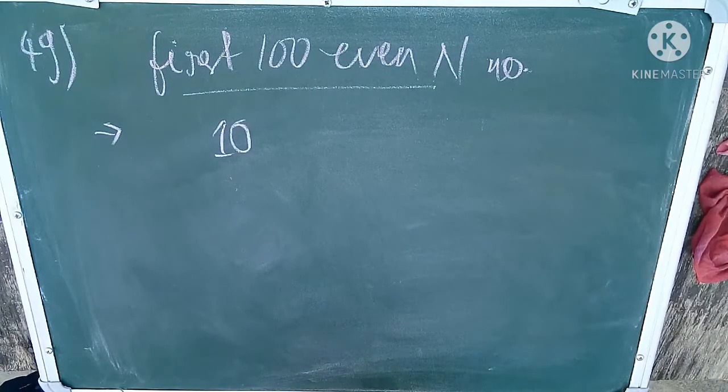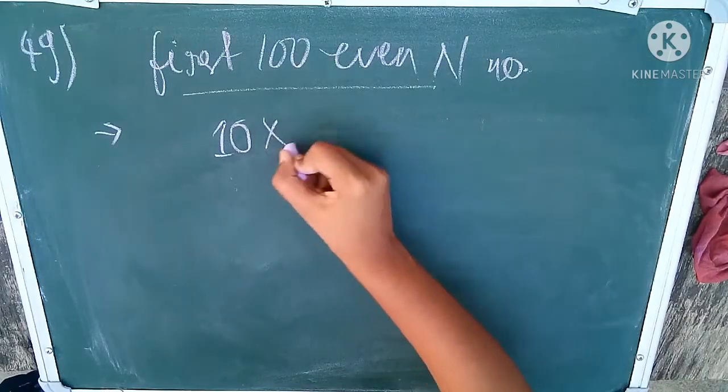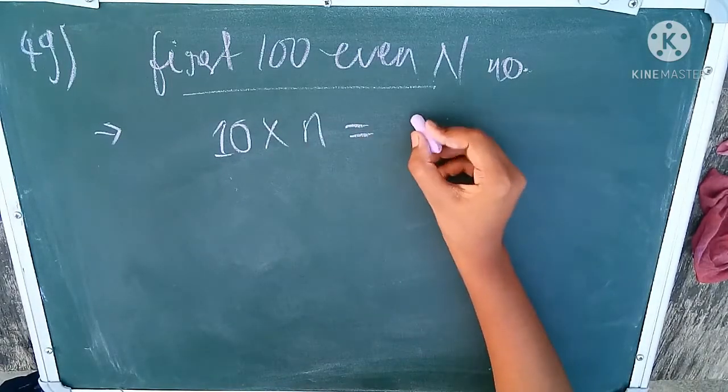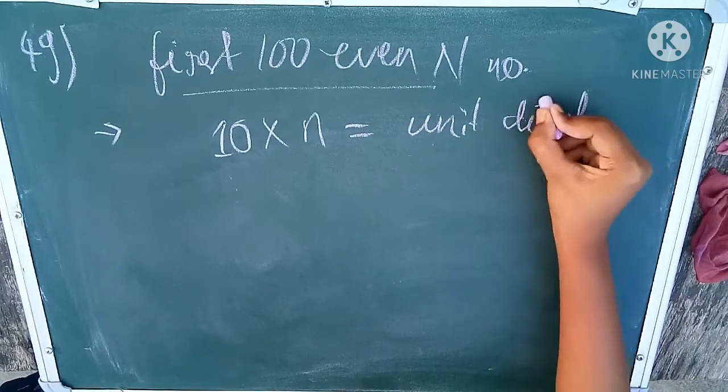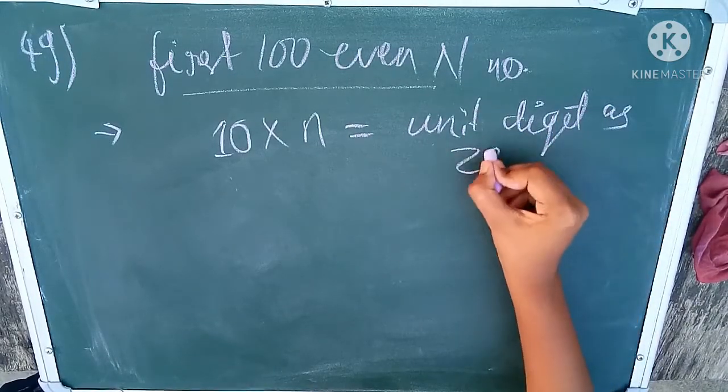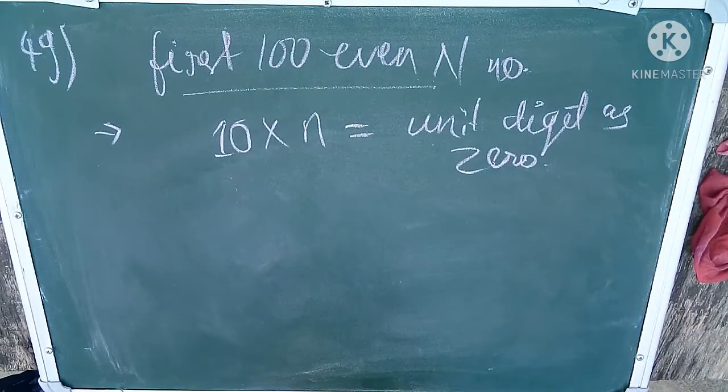And any multiple of 10 has unit digit 0. That is, whatever number we multiply with 10, it must have unit digit 0, we all know that. So here also the product of the first 100 even natural numbers must have unit digit 0.